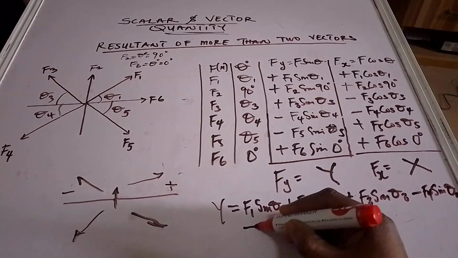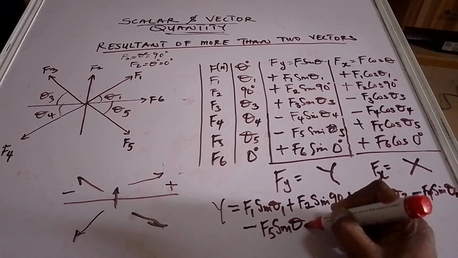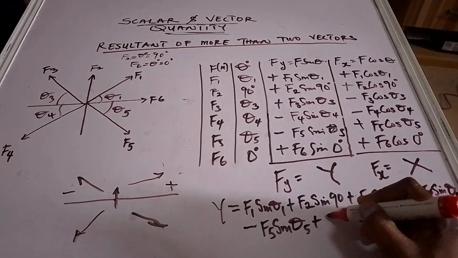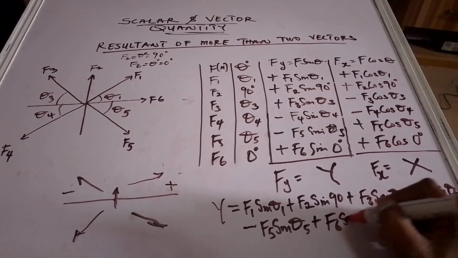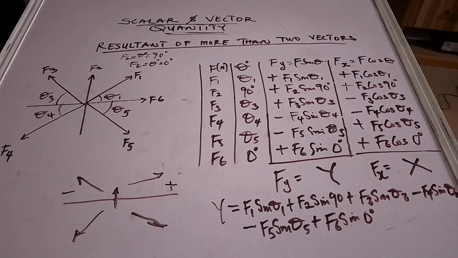Then minus F5 sine theta 5, then plus F6 sine 0 degree. Whatever this gives me as a final result is the value for my y component.